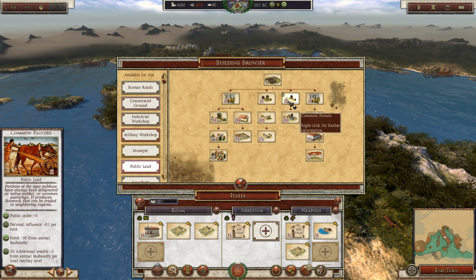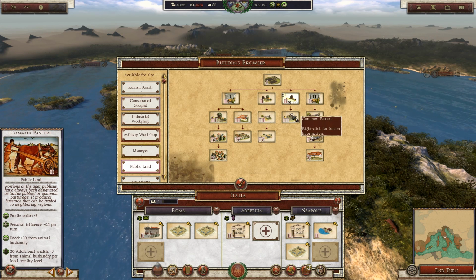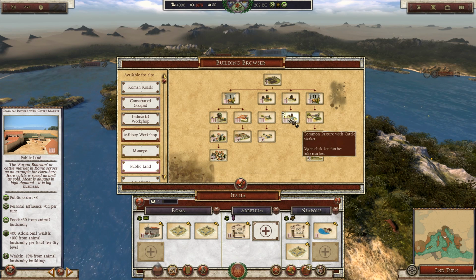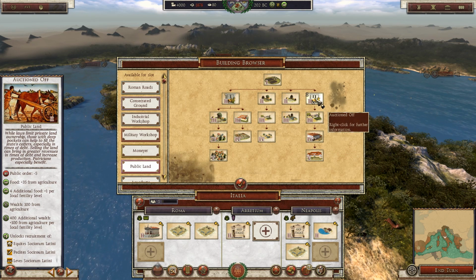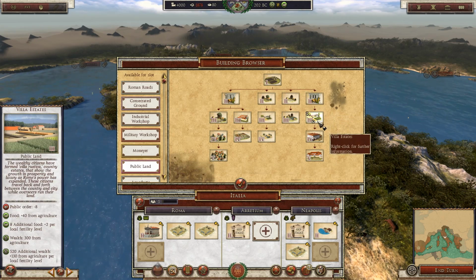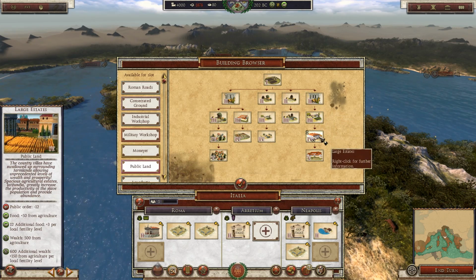Common pastures were giving the poorer average citizens affordable land to till so that they would not slip underneath the poverty line and be ineligible for Roman military service. Finally, we have the estates, which are massive slave-run farms that mass-produce food on an almost industrial scale.